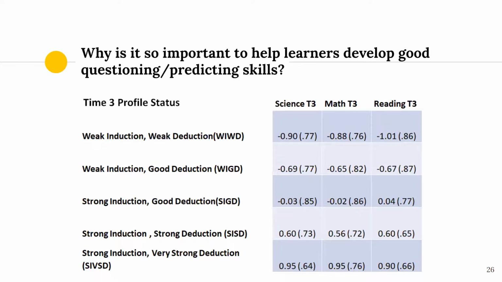So if you look at that bottom line, the students that had strong induction and very strong deduction skills had a high correlation and a high impact on their success in science, math, and reading on Iowa testing. So helping kids to develop the skills to generate strong questions, and of course, being able to then synthesize the information that comes out of that questioning in order to be able to make conclusions, has huge impacts.